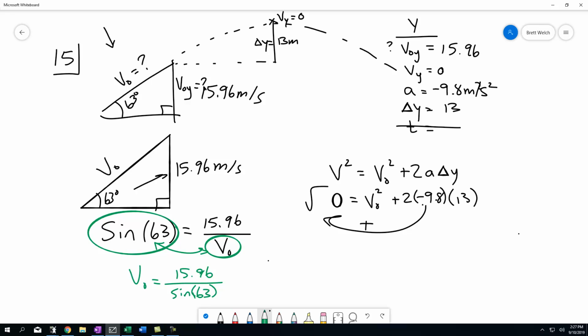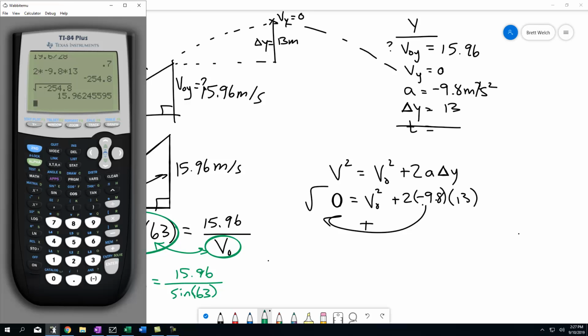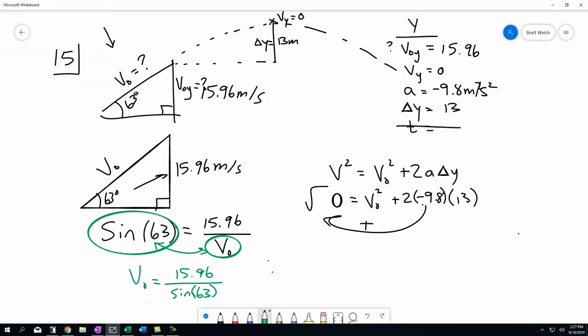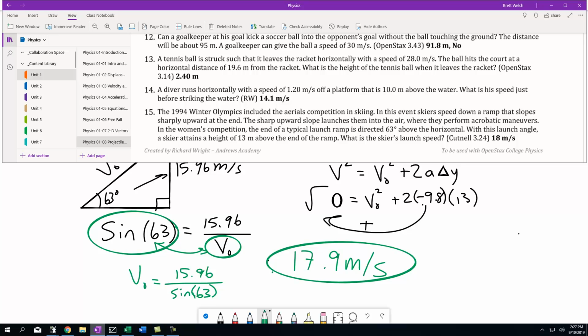If I go to my calculator, let's go up and grab that number and divide it by the sine of 63. We get 17.92. We're going to have to round that off to 17.9 meters per second. And hopefully that's the same answer we got on there. And they rounded out to 18. But that's kind of how we work through those.